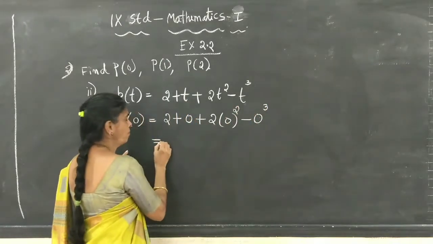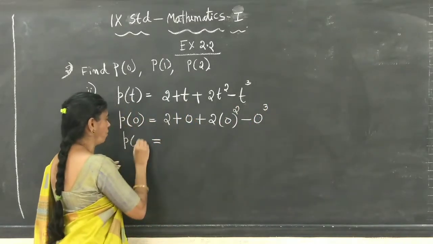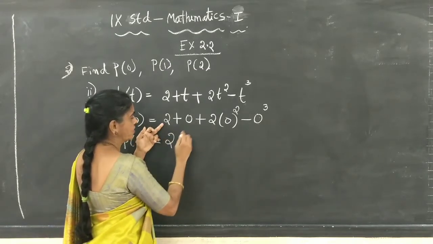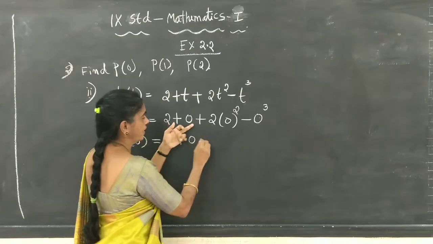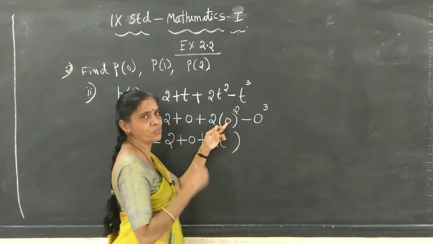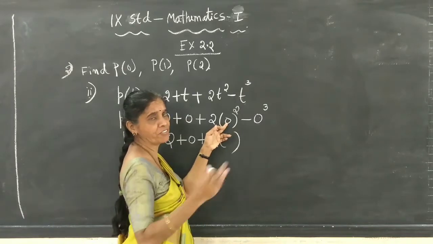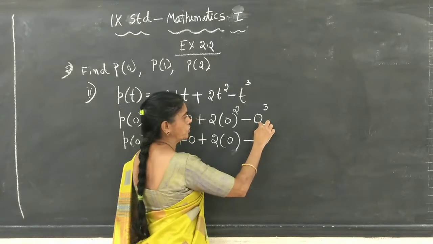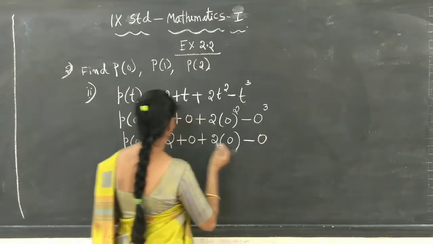Now simplify this. p of 0 is 2, write as it is, 2 plus 0, then 2 into 0 square is 0 into 0. Whatever, if you multiply, add or subtract with 0, 0 will remain 0 only, and here also 0 cube is nothing but 0.